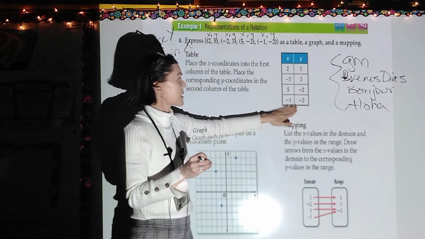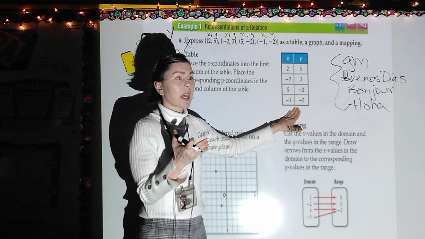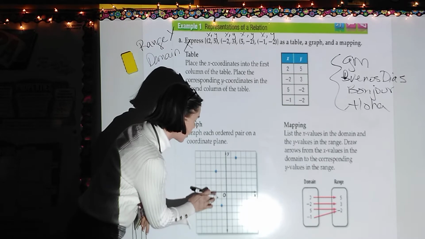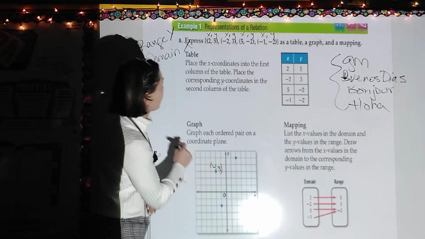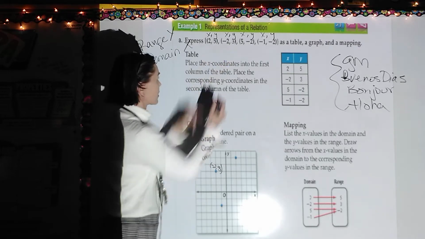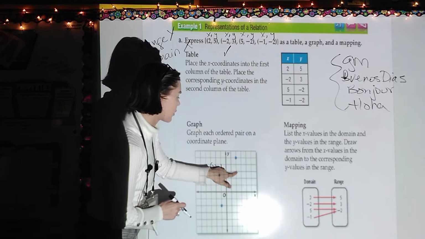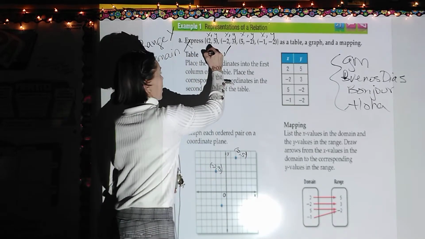Now, you take this same list of ordered pairs and the same table, which mean the same thing, and you put it in the graph. This is a negative 2, positive 3, so put a check, okay? And then positive 2, positive 5, that's the first one, right?